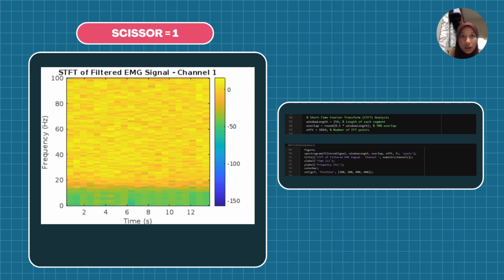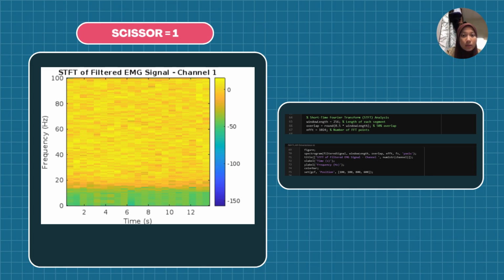The second part is computing the STFT, where the spectrogram function is used to generate the time-frequency representation. And the third one is visualization.